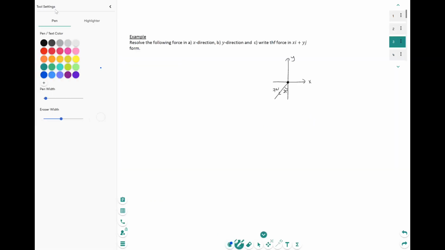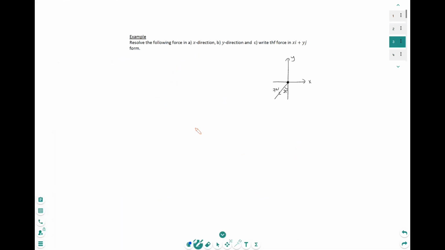Example. Let me change the color for the highlighter first. I don't like orange. Example: resolve the following force in the x direction, in the y direction, and hence write the force in xi plus yj form. First of all, if we're going to resolve the force in the x direction, we can make a right angle triangle that connects with the x-axis.